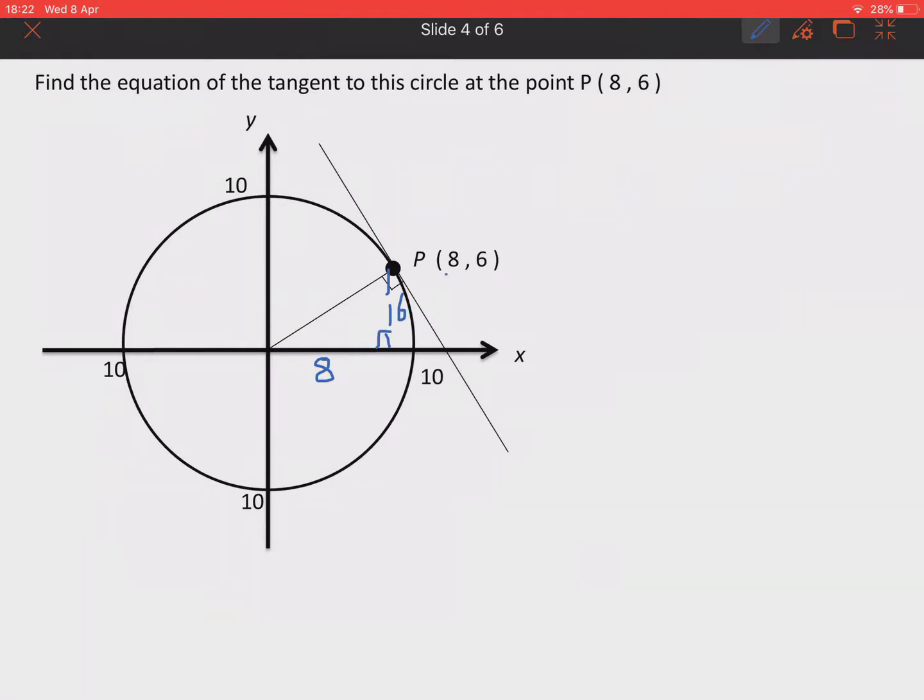I can get that from my coordinates. So my gradient of my radius is going to be the y difference divided by the x difference, which is 6 over 8. And I suppose we should simplify that, divide top and bottom by 2 to get 3/4.